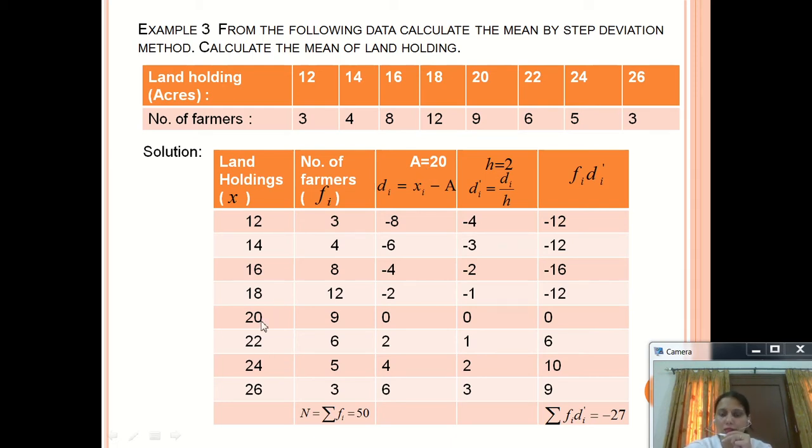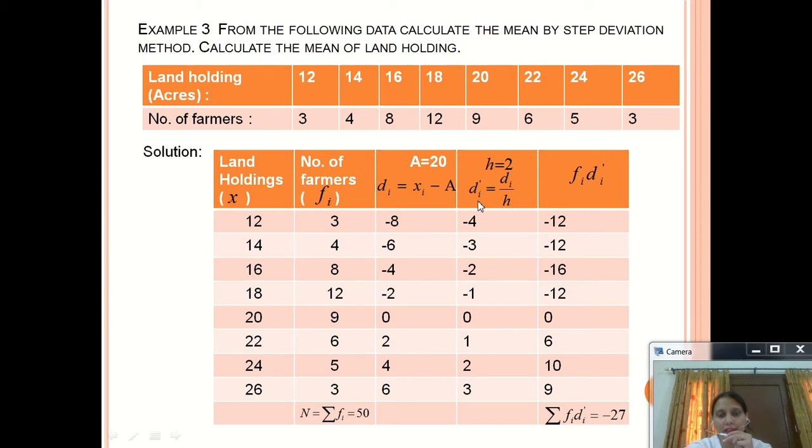Let's suppose a is 20. Same, di is xi minus a, so 14 minus 20 is minus 6, and so on. Now from this x, let us assume a common factor h. That means we can take differences of 2, so h is 2.